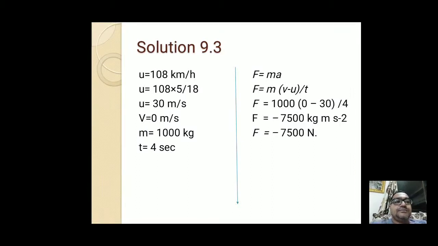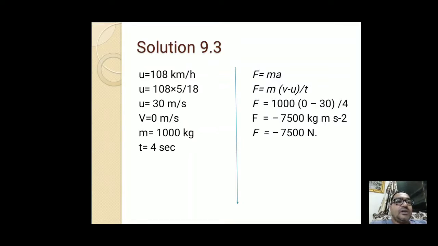Now students, how can we convert kilometer per hour into meter per second? Simple, by multiplying by 5 upon 18. So 108 is given, so we multiply it by 5 upon 18. When we calculate it, the initial velocity comes to 30 meter per second. So we have converted the initial velocity 108 km per hour into meter per second.